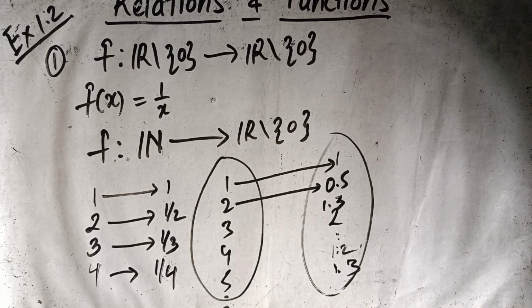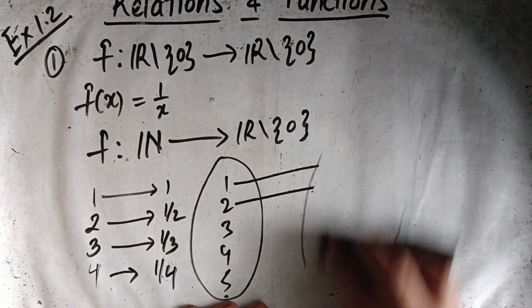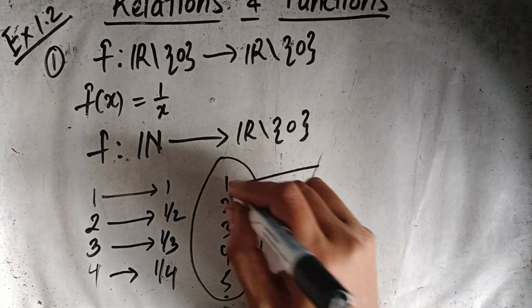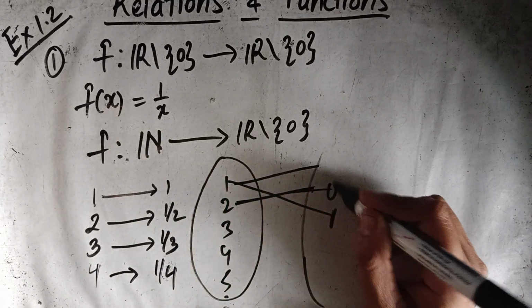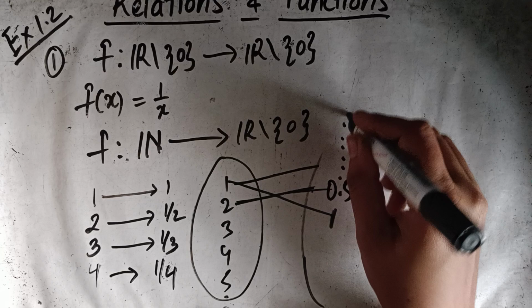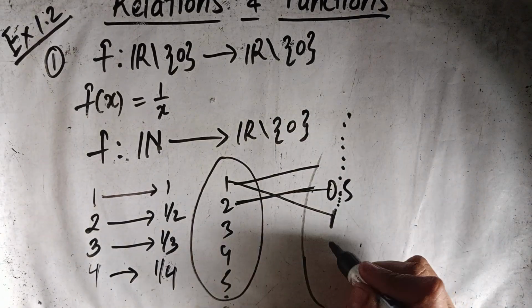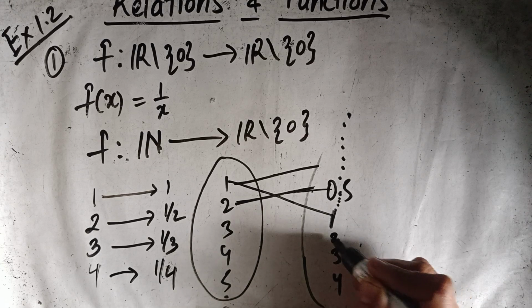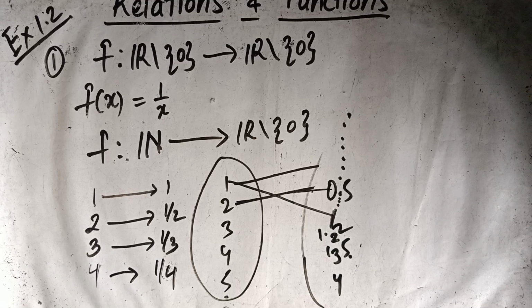So 1 is going here, 2 is going to 0.5 and so on. These all are mapped. But numbers like 2, 3, 4, then 1.2, 1.5, these are not mapped.